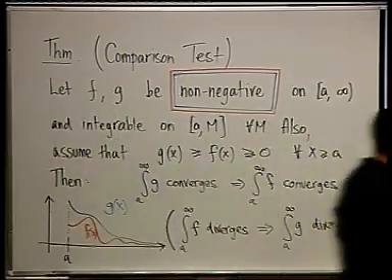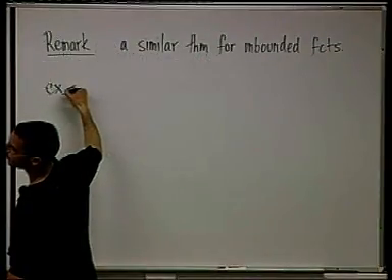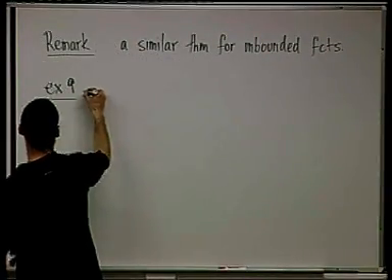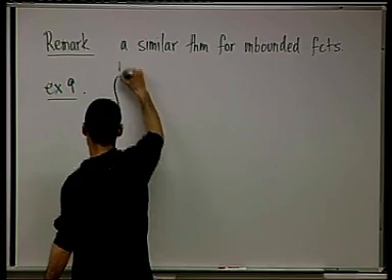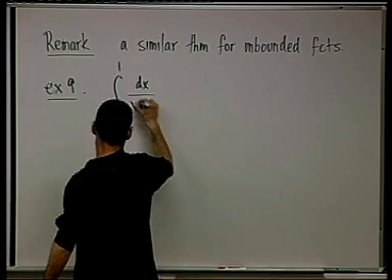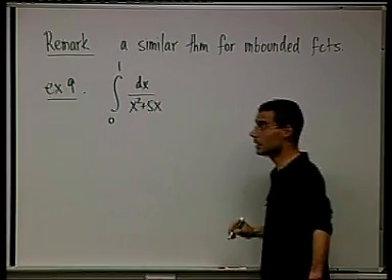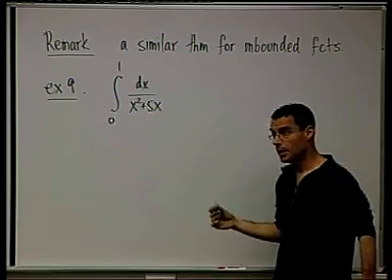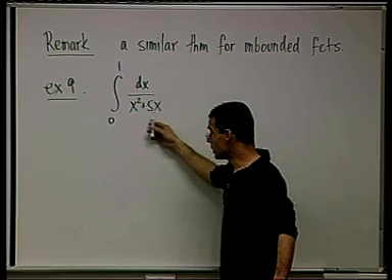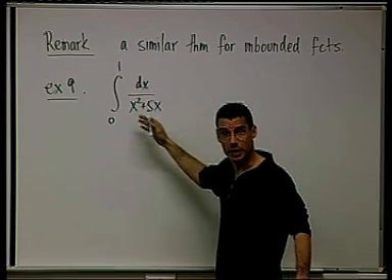Let's do an example of using that. Example number 9 for today. Suppose I want to do the integral from 0 to 1 of the same function we had previously, 1 over x squared plus 5x. What's the intuition first? What do I expect? When I look, this is an improper integral of the unbounded function type.